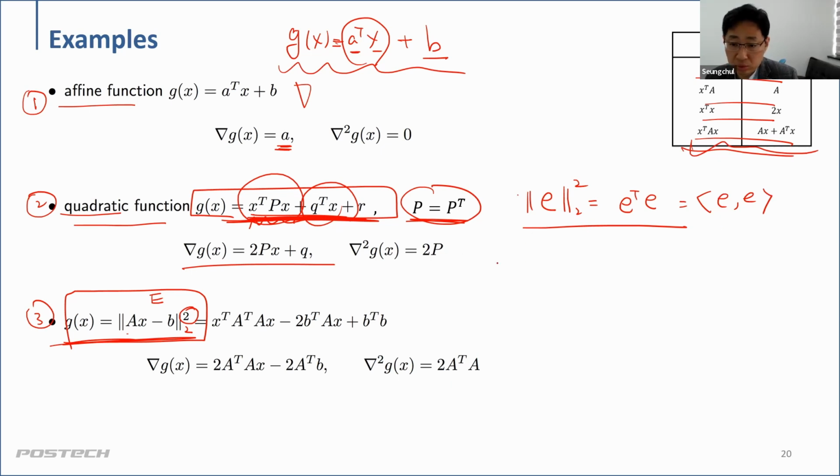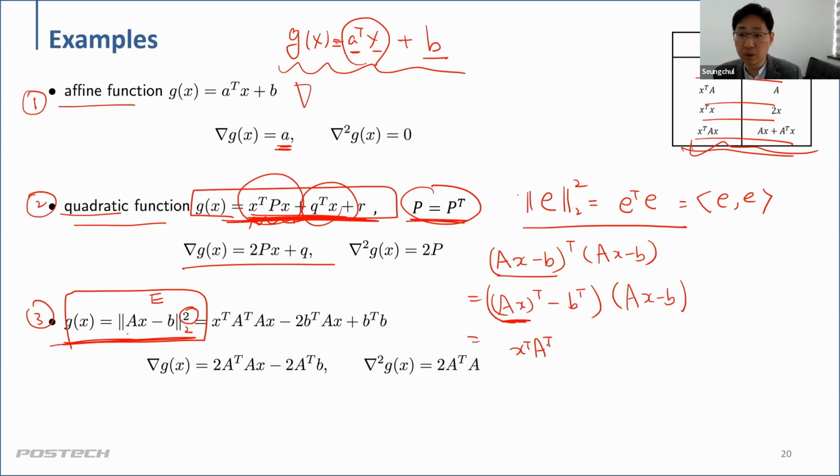So I want to do Ax minus b, transpose, Ax minus b, right? Then (Ax) transpose minus b transpose, times Ax minus b. Here x transpose A transpose. Remember, when you have multiplications and transpose, we have to change the order of that.